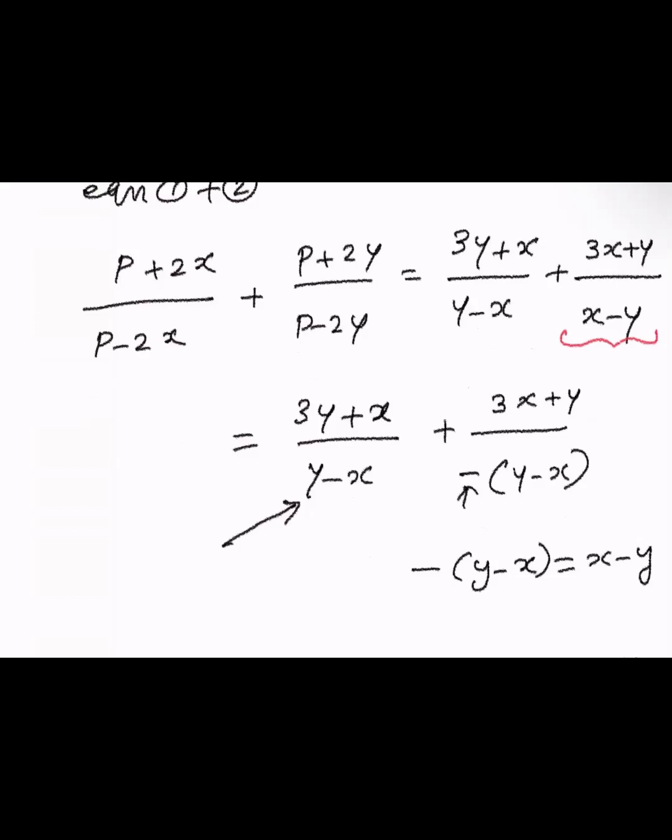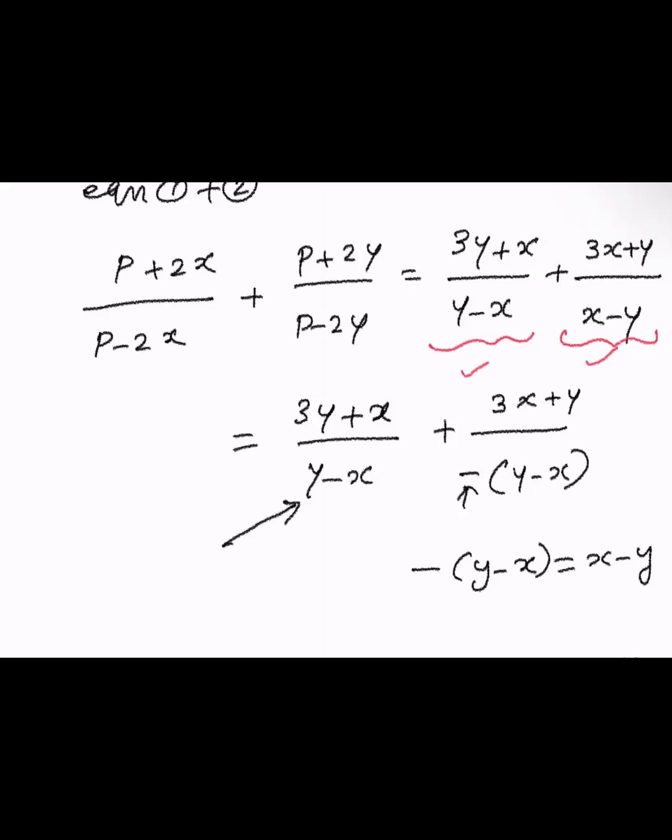So I can perform addition in a fraction. Addition or subtraction can be performed only if the denominators are same. If the denominators are different, I won't be able to do it. I have to find the LCM and then make the same denominator. Only then I can perform addition or subtraction. So here, if I take a negative sign out from the denominator, I'm having both the denominators same, just a difference of negative sign.